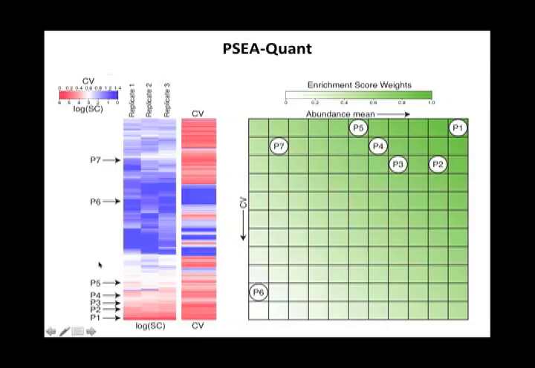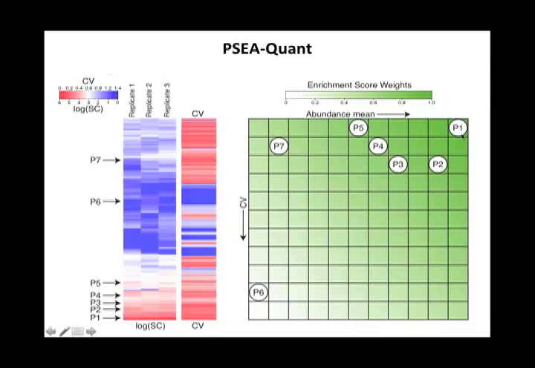And PSEA-Quant basically scores that protein set by looking at the average abundance of these proteins in the heat map that we have here among these replicates, and looks at the coefficient of variation of these abundance measurements for each of these proteins. And based on these values, it maps each of these proteins of the protein set into an enrichment score weight matrix.